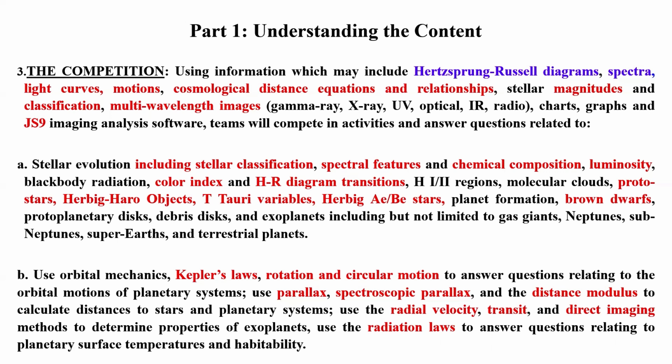It's important to know what came before the main sequence, and those of you that studied for last year's competition will be familiar with those already. The exoplanets this year are Neptunes, sub-Neptunes, super-Earths, and terrestrial planets.